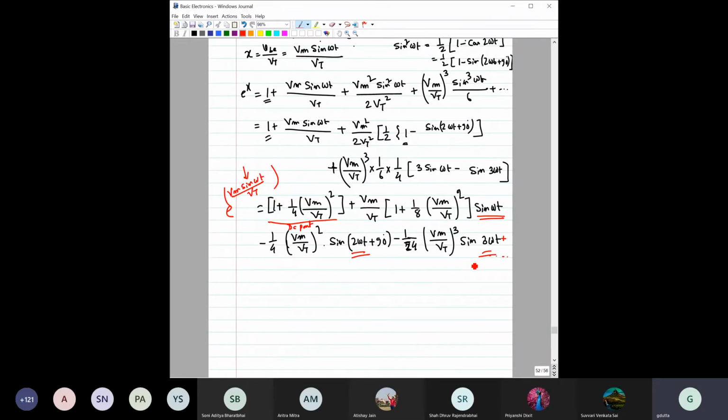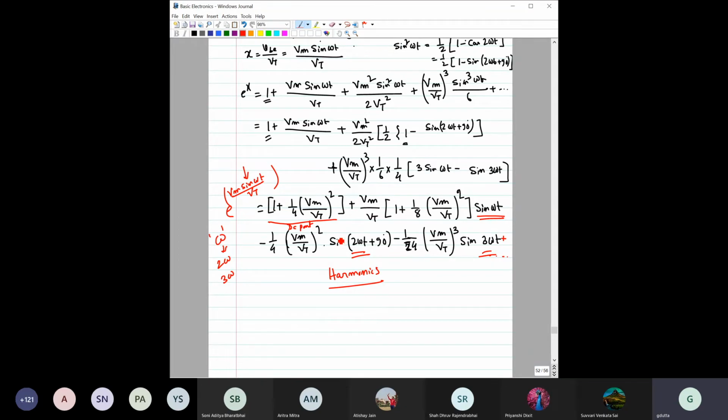So these terms are called the harmonics. Harmonics means basically if your actual signal frequency is omega, then 2 omega is called the second harmonic, 3 omega is called the third harmonic, like that, right? And it is very difficult to suppress these harmonics from the actual signal.